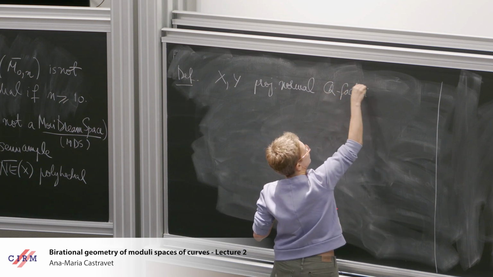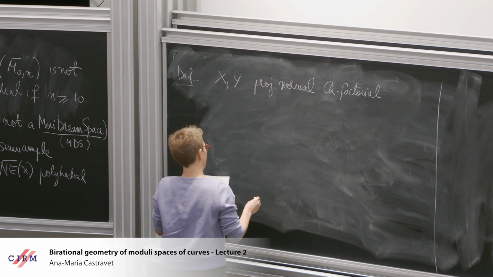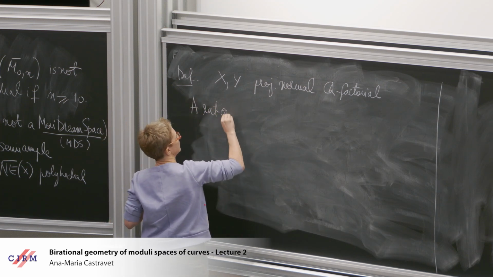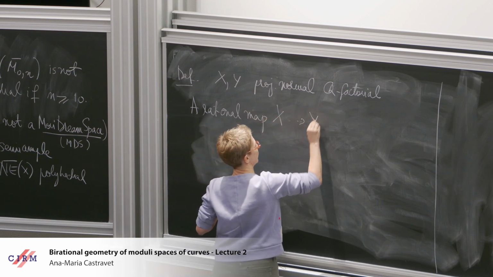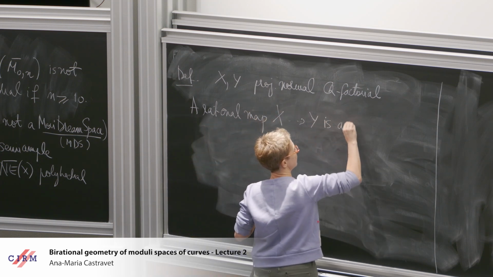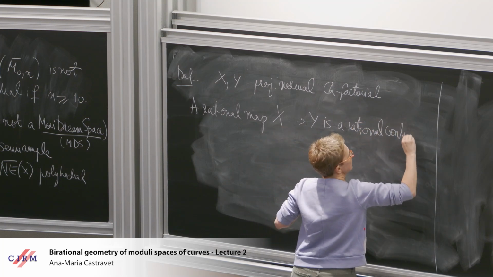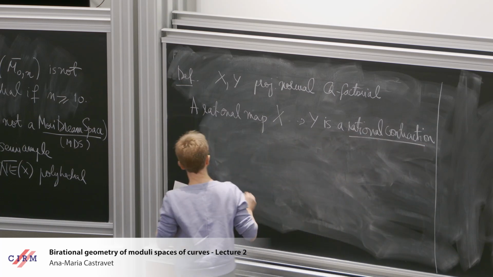So every Weil divisor has a multiple which is a Cartier divisor. And so I will call a rational map between X and Y a rational contraction. So this is an ad hoc definition. There are different definitions in the literature.